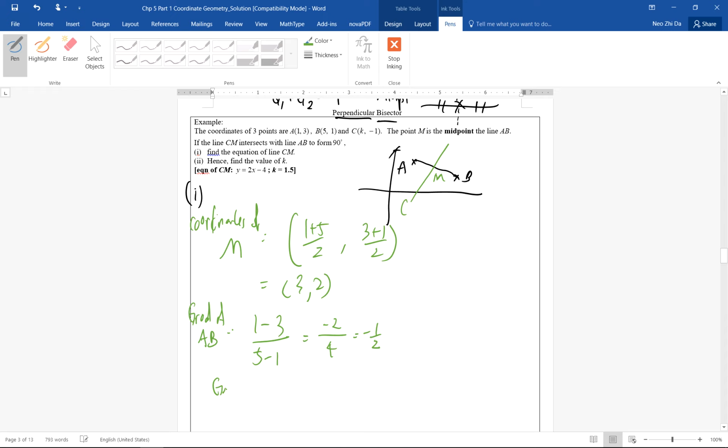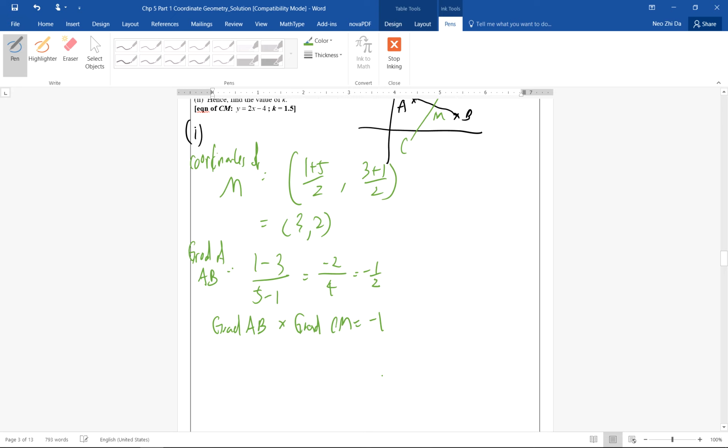Since they're perpendicular, gradient AB times gradient CM equals negative 1. Substitute: negative half times gradient CM equals negative 1. Hence, gradient CM is negative 1 divided by negative half, which is 2.